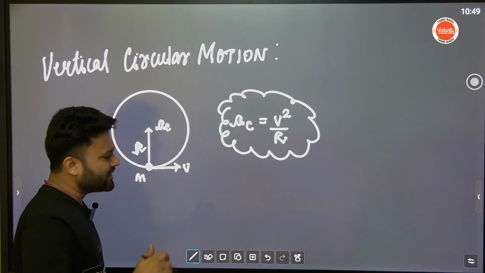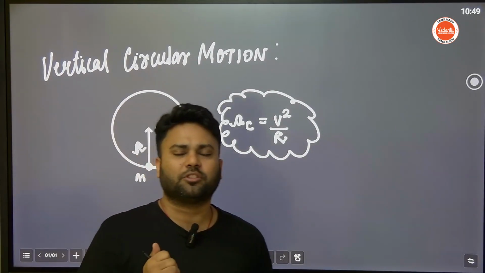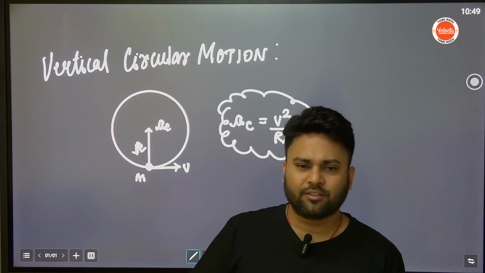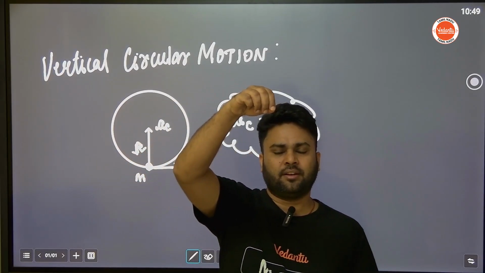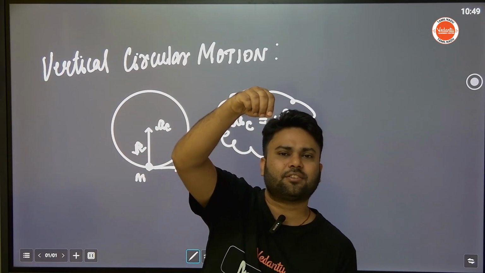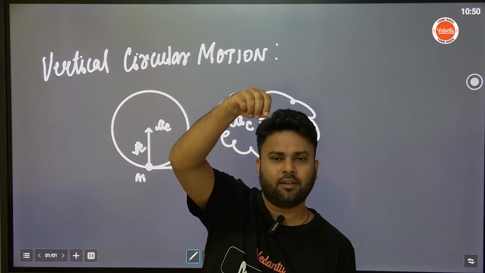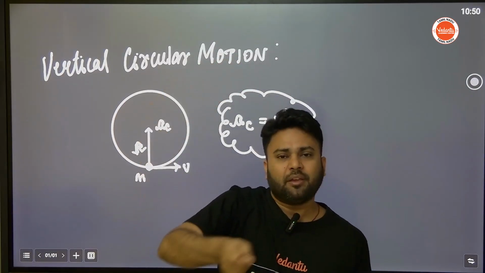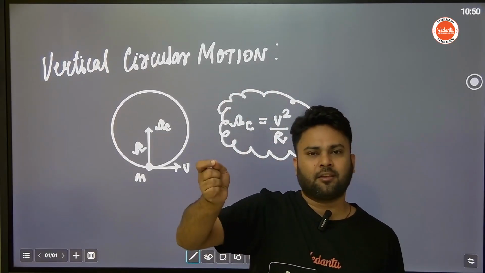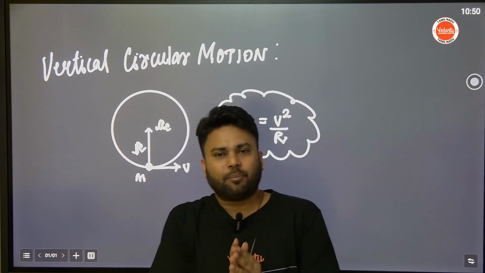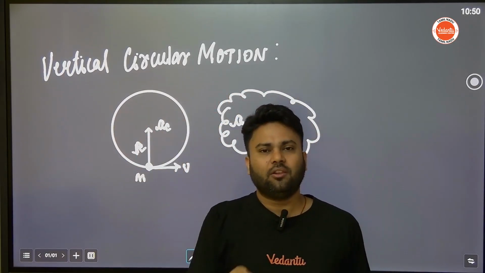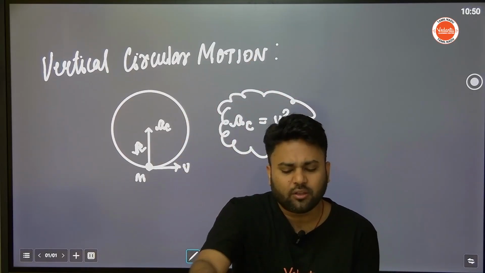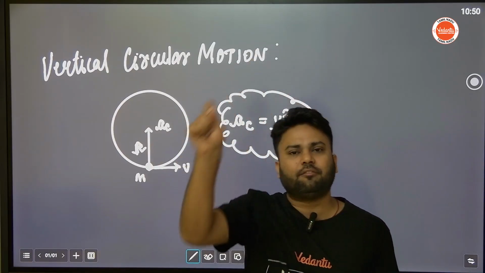So let's discuss vertical circular motion. Suppose there is a string and there is a ball attached at one end, and you are performing circular motion of this ball on the vertical plane, not on the horizontal plane, not on the table, on the vertical plane.